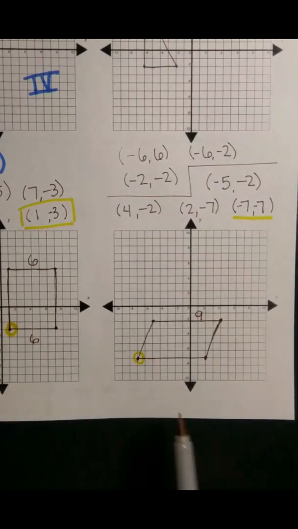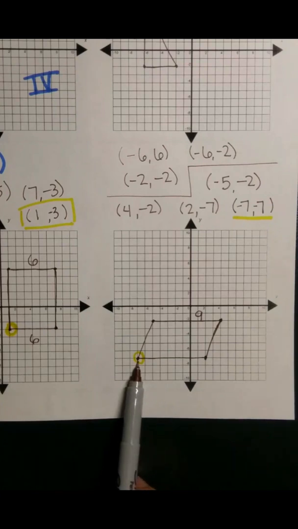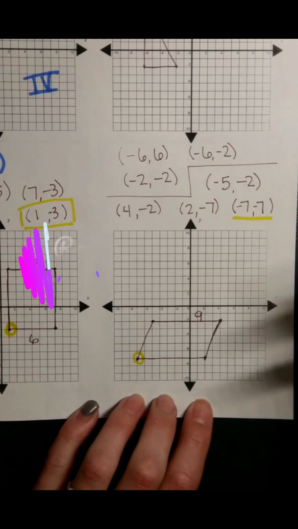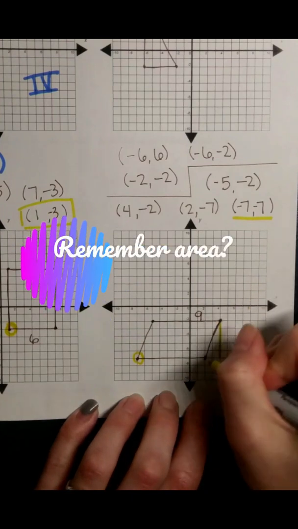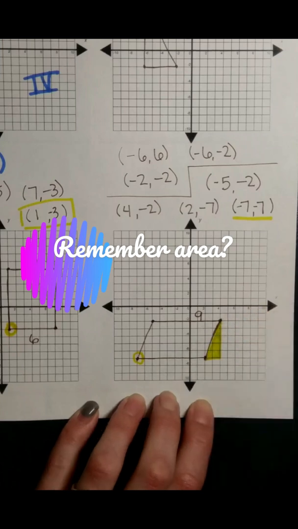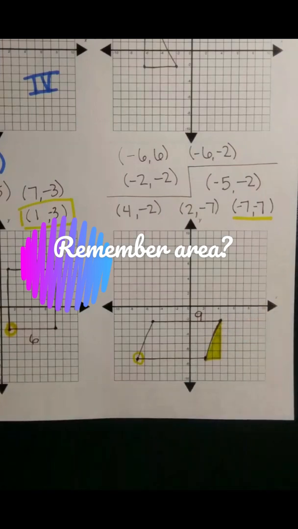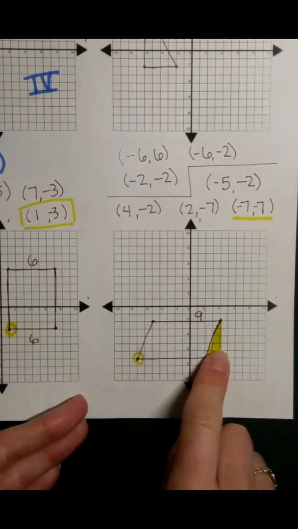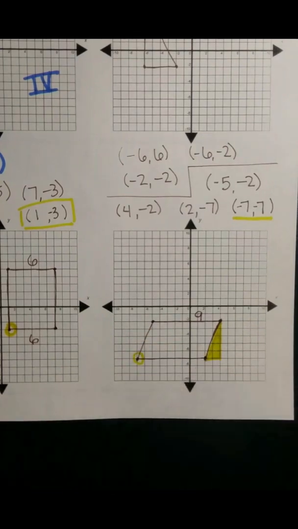Now, one more way that you can figure out where this point would be is if you make yourself a little triangle over here. This should hopefully remind you of when we worked on finding area of parallelograms, and we knew we could cut off this little triangle, place it over here to create a rectangle.